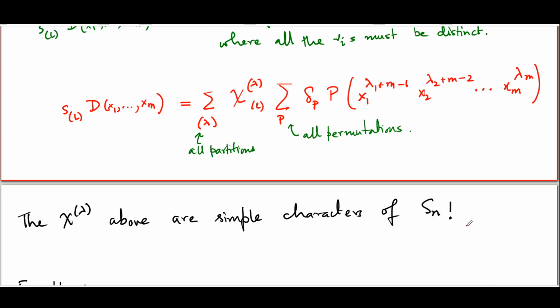Now, this sounds a bit complicated, and it is. So what we will do now is try to illustrate this formula and its usage through several examples. We will begin with a rather small group S3, for which we already know all the simple characters, so that we can easily check whether this procedure is really giving us the simple characters or not.